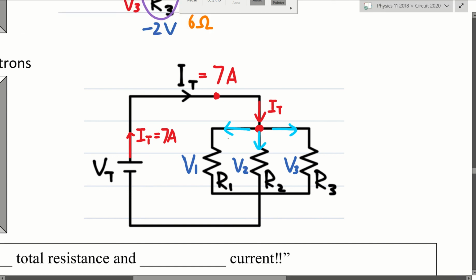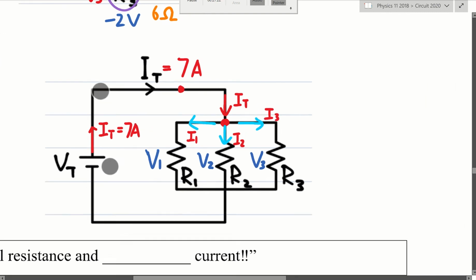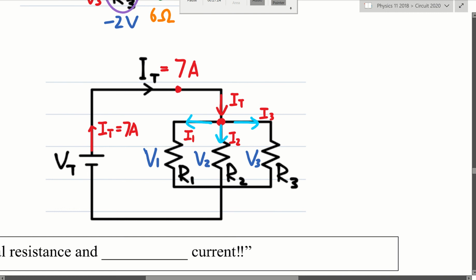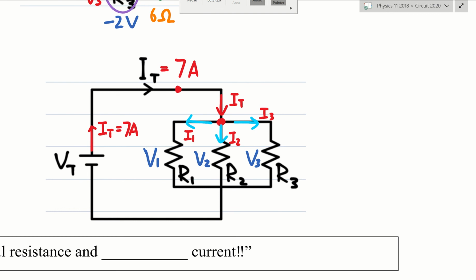So I'm going to call them I1 going into resistor number 1, I2 going down to resistor number 2, and I3, the amount of electron going through resistor number 3. So I1, I2, and I3 together must equal I total.